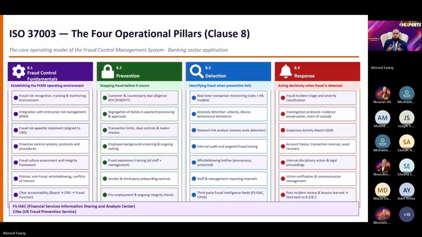So maybe I will think twice. But if you told me, Ahmed, wait, we can let you make a report and you will appear as anonymous. You will not appear with your identity. So it will be easier for me, I think, to make the decision of having this reporting.